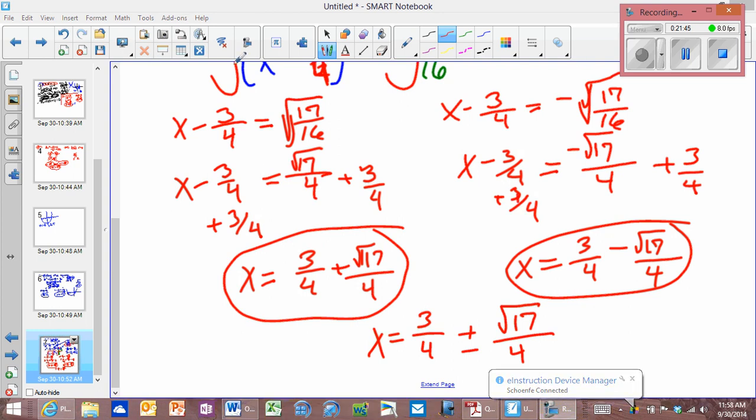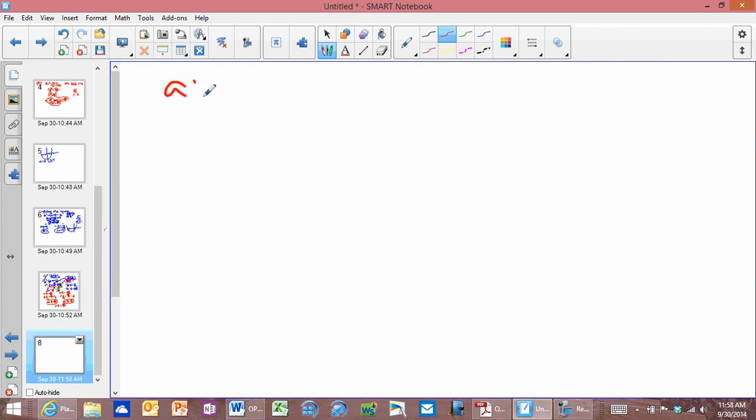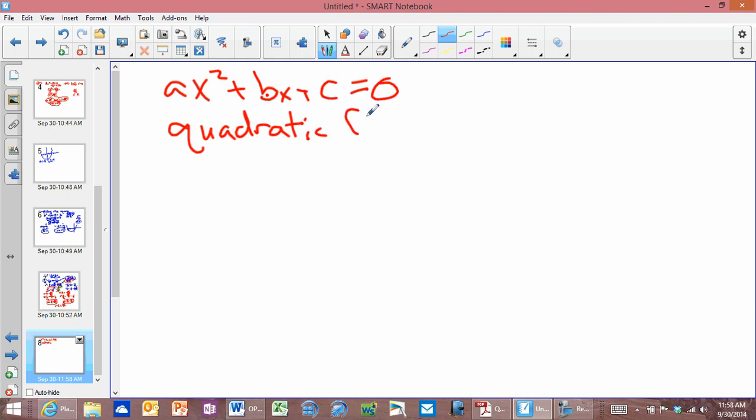If I were to complete the square on a nice generic ax squared plus bx plus c equation equals 0, I would end up with what we call the quadratic formula. We're not going to go through all those steps today. So I have my quadratic formula. This isn't a function, this isn't an equation.